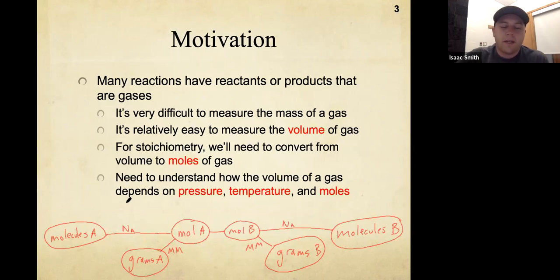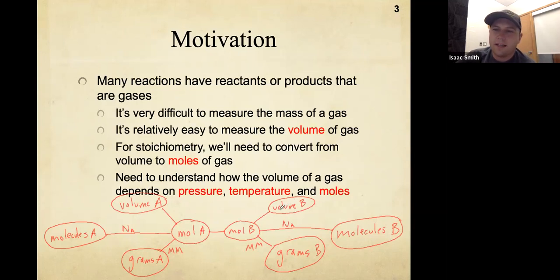So what we need to be able to do is go from volume of A, if A is a gas, to moles of A. And if we need to convert from moles of B over to volume of B. Right, okay.